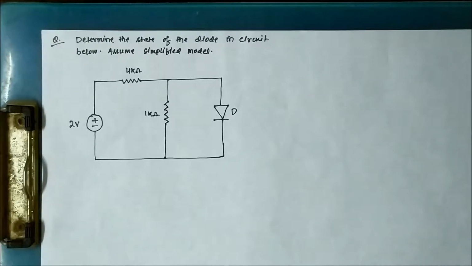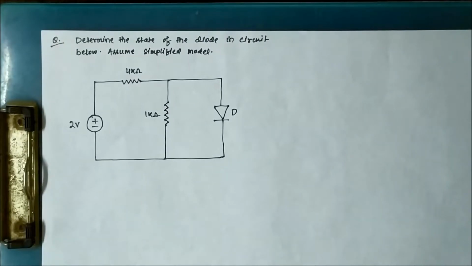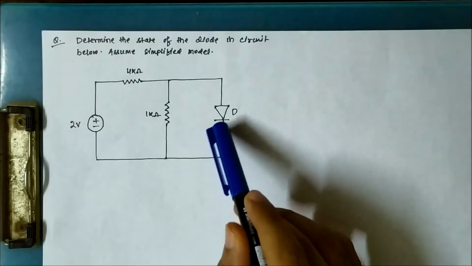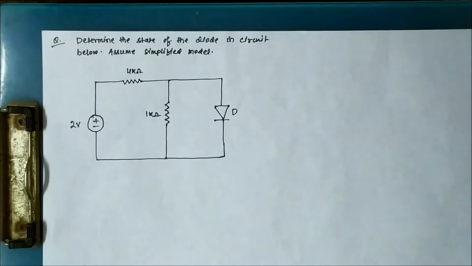So here this is a question related to PN junction diode where it has been asked to determine the state of this diode, whether it is on or off, or whether it is forward biased or reverse biased.